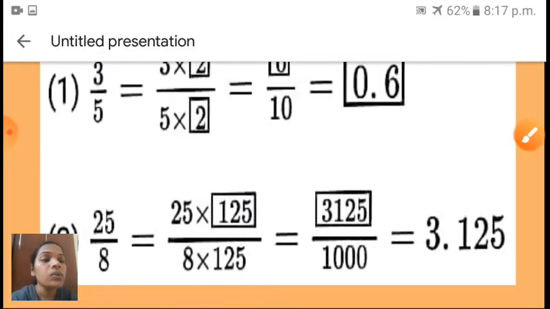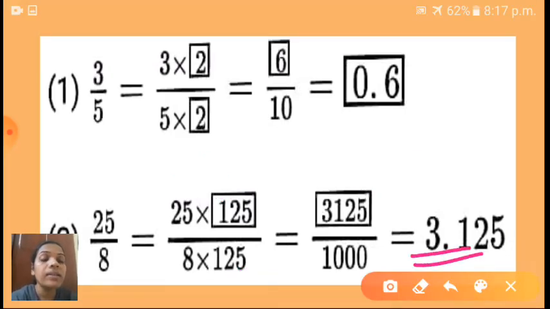Okay children, the final answer is also given, that is 3.125. That means in the denominator, see how many zeros are there? 3 zeros. So you just have to count 1, 2, 3. So here the decimal point will come. So 3.125. Okay children, shall I go to the next now?